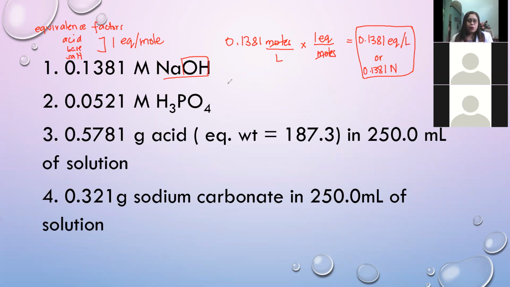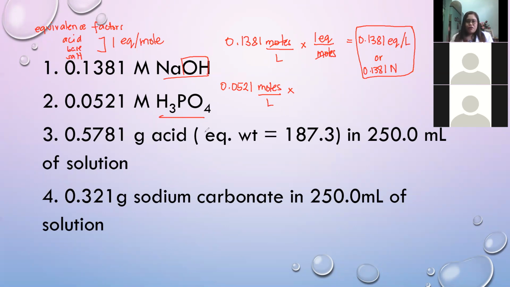Let's have number 2. In number 2, let's convert 0.0521 molar phosphoric acid to normality. It's the same process. 0.0521, let's use the unit moles per liter so the units cancel, and then multiply it by its equivalence factor.